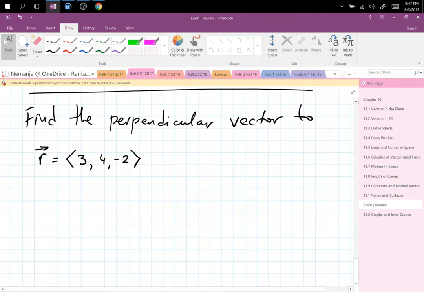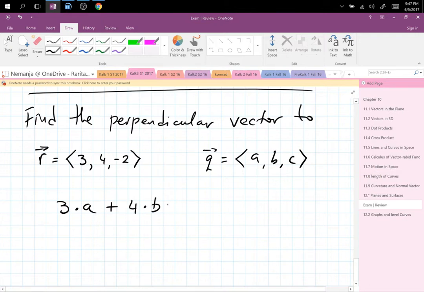So the trick over here is to find, let's call it vector Q with A, B, and C, such that 3 times A plus 4 times B minus 2 times C is 0. So I will ask the audience to give me a number for A. I heard 100 first.